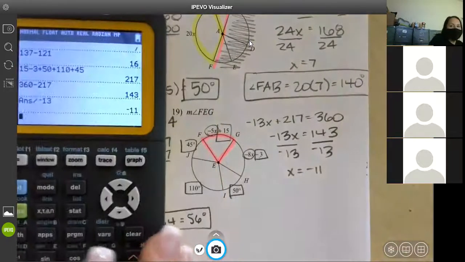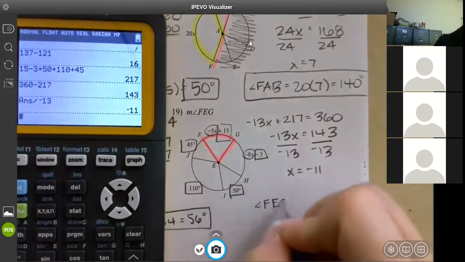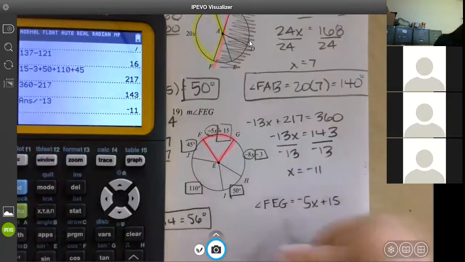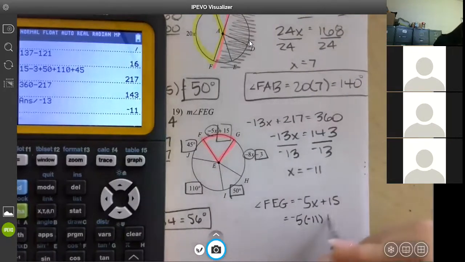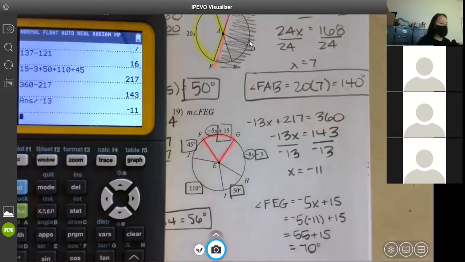But we didn't want x. We wanted angle FEG, which was negative 5x plus 15. So negative 5 times negative 11 plus 15 equals 55 plus 15, which is 70.